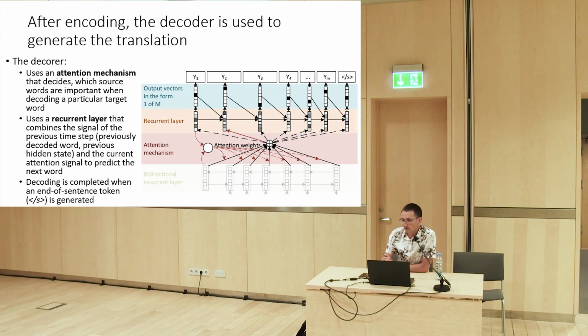So once we have the accumulated vector, which pays attention to the important part of the network, we pass it through to the recurrent layer of the decoder. This is not a bidirectional recurrent layer, it's a one-directional recurrent layer because we have to produce a translation from left to right.